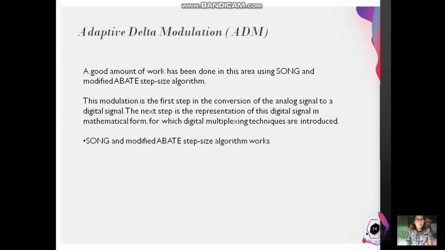I could have explained to you the Song and modified Abate step size algorithm operation, introduced the mathematical equations in this algorithm, and compared the performance between the Song and Abate algorithm. So, that's all for today's discussion. Thank you.